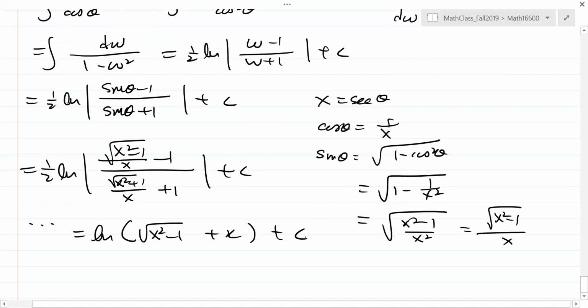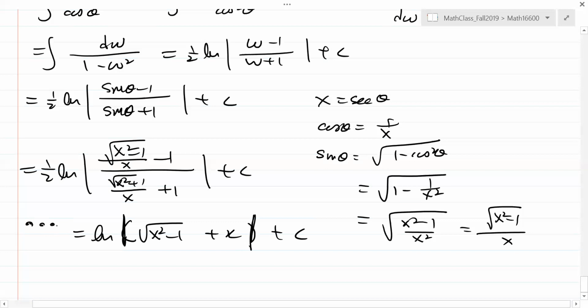When x is sufficiently large, I think I have to put an absolute value here in this case because it could be negative. If x is negative 100, this will be negative. I have to put the absolute value. I cannot remove it. It's different from the previous one. So after you simplify, you will get this integral, and you can double check. If you differentiate, you will get 1 over the square root of x squared minus 1.